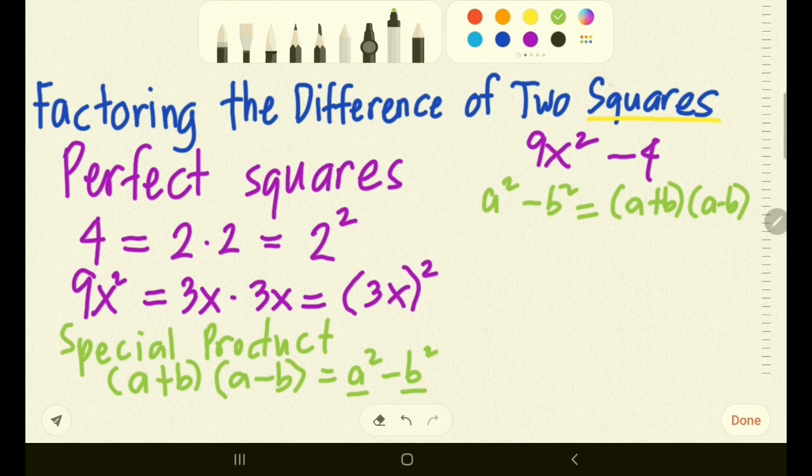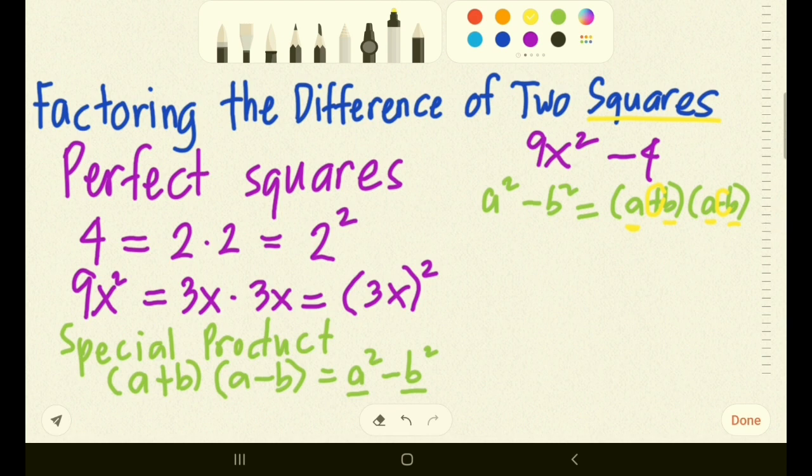That is a. You write a in the first term of every binomial. And then you get the square root of b squared, which is b. You write the b's for the second term of every binomial. So you have your plus and then the other is minus. That is how to factor.